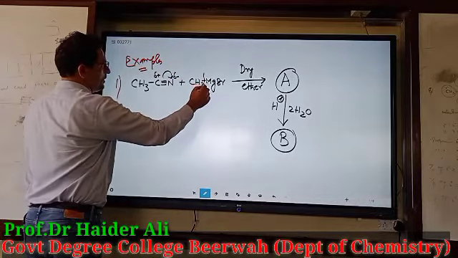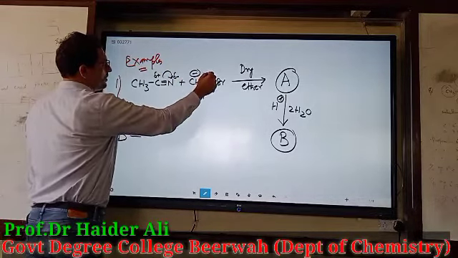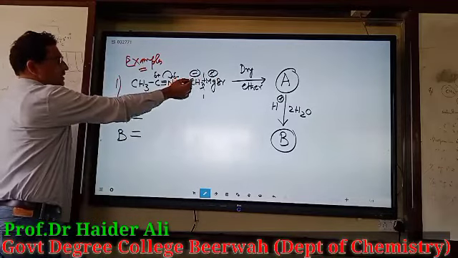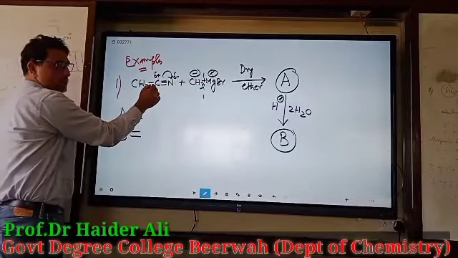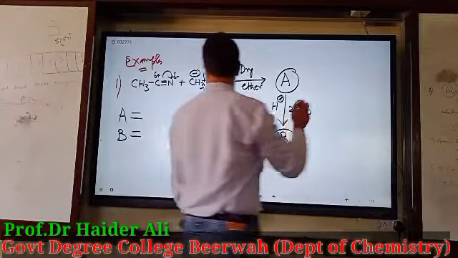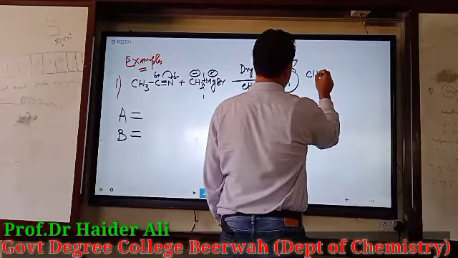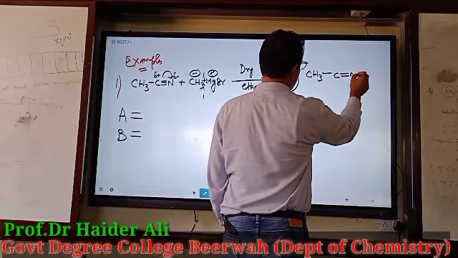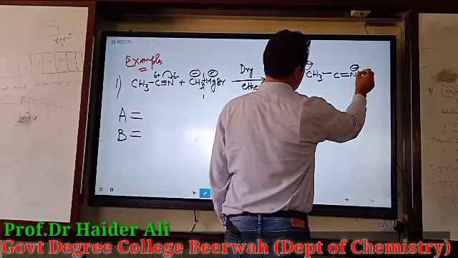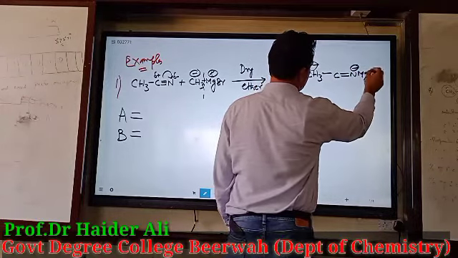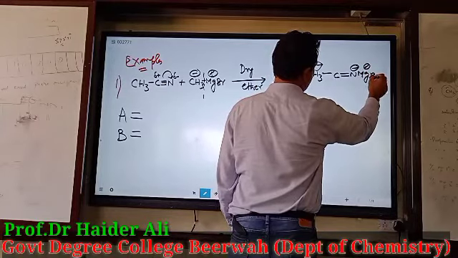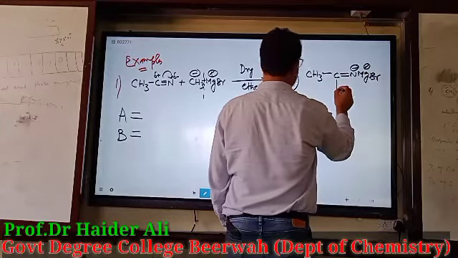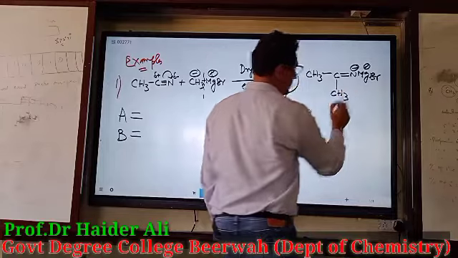This is here negative. This is positive. So this CH3 minus will bind to this carbon. Fine. So what will be the A product? CH3 single bond C double bond N minus MgBr plus, and you have this CH3. Okay, this will be A.